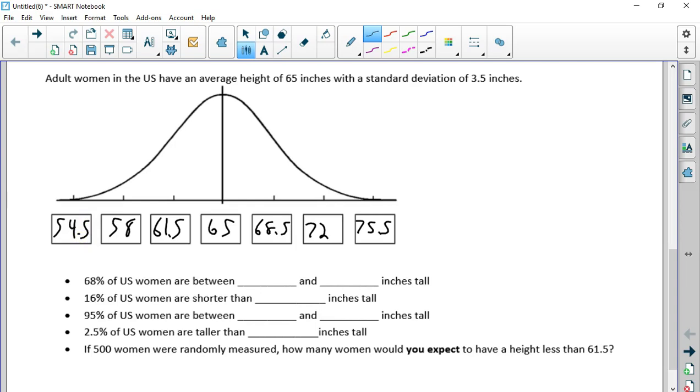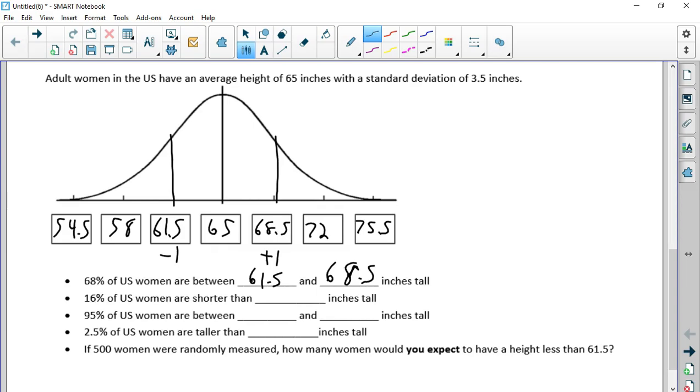68% of the women, well, remember, that's from here to here, +1 and -1 standard deviations. So 68% of the women are between 61.5 and 68.5. 16% are shorter than what?